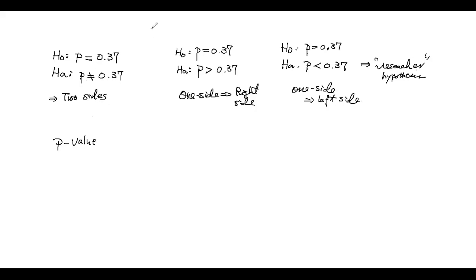A lot of people, specifically when we talk about the proportion test, get confused between this p-value and the proportion or percent we try to test. They are different. Here we just try to test whether the percent of smokers equals 37%. But the p-value is a probability associated with your statistic. So what is the probability of that statistic happening here?